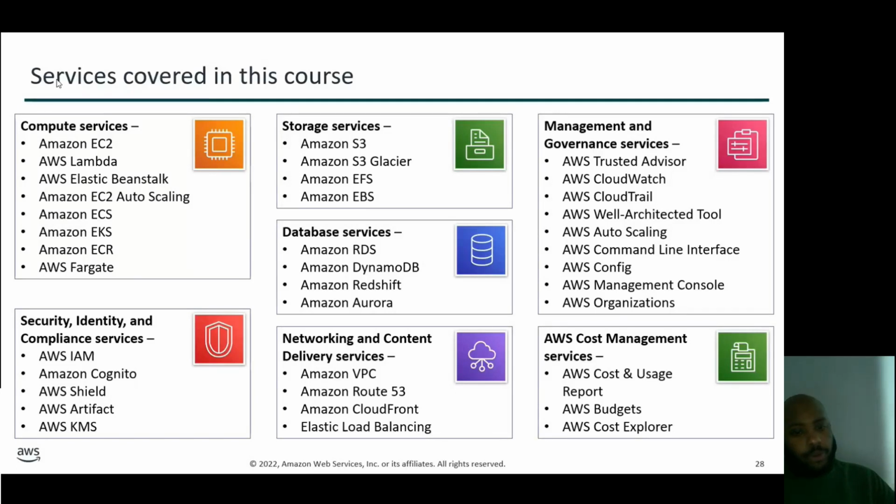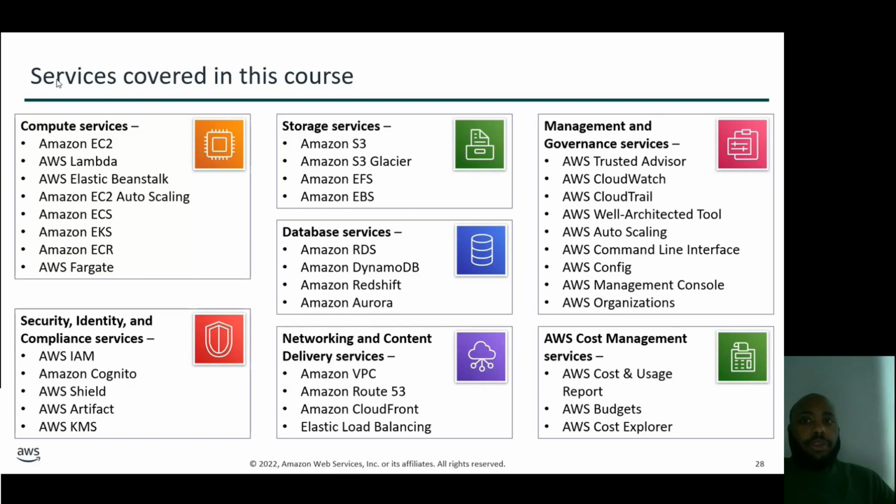networking: Route 53, which is your DNS service, CloudFront, which is a CDN. People who are familiar with CDNs. CloudFront, Elastic Load Balancing, which acts like a router for you guys, and then you have your VPC.